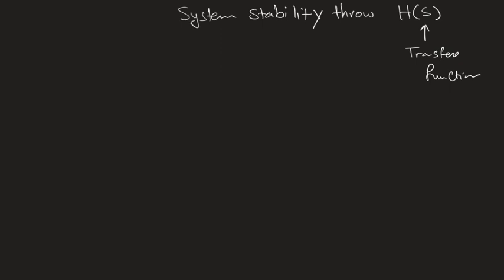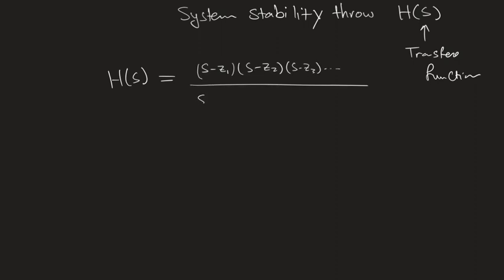So if you have the transfer function, typically H of s, when you look at it as a function of s, and you have been through this also when you were solving differential equations, you will find that it corresponds to, for example, s minus z1 times s minus z2 times s minus z3 and so on, divided by s minus p1 times s minus p2 times s minus p3 and so on.